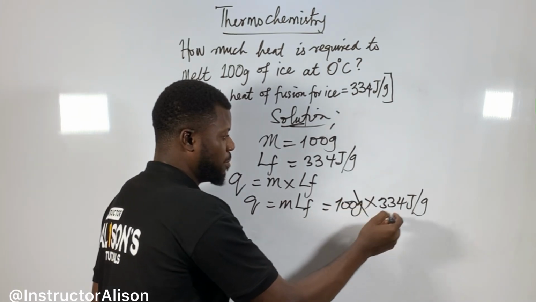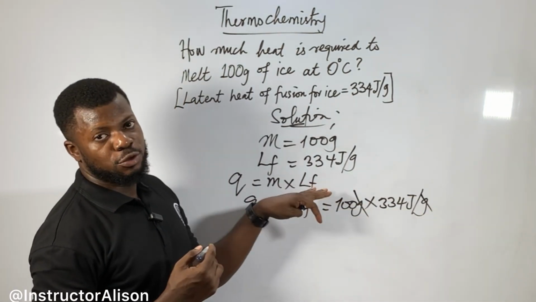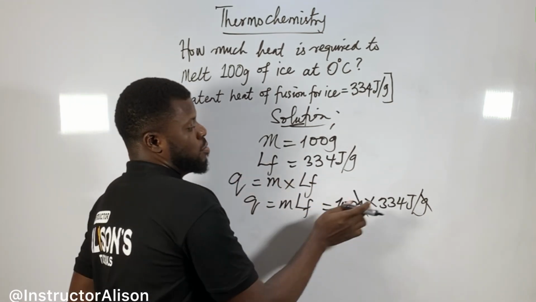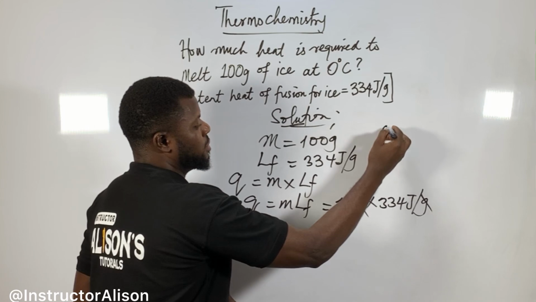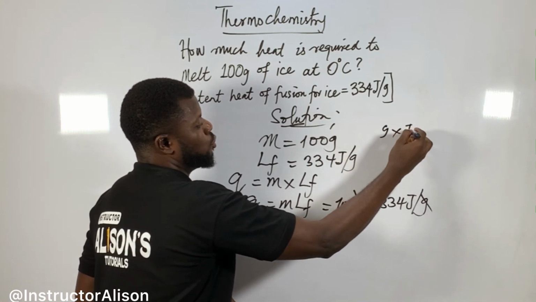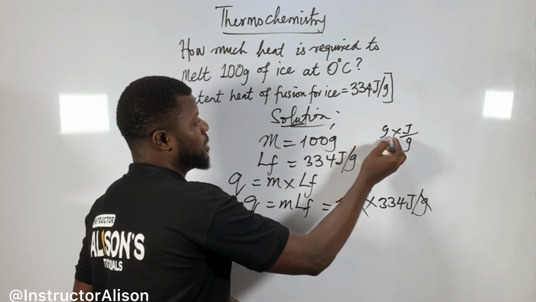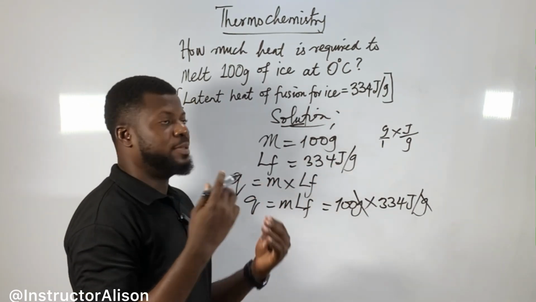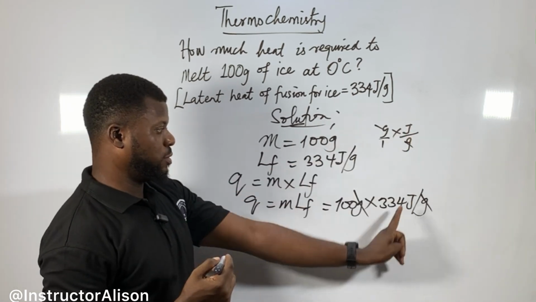See how the gram cancels: the gram in the denominator cancels the gram in the numerator. Gram times joule per gram, it is just like over 1. If it cancels, joules will remain.